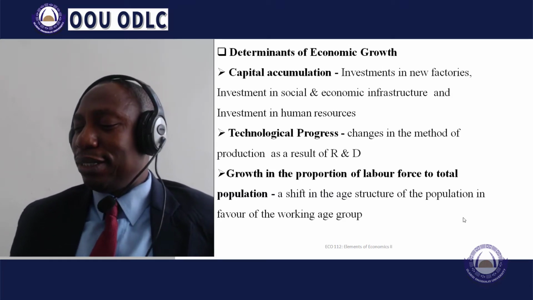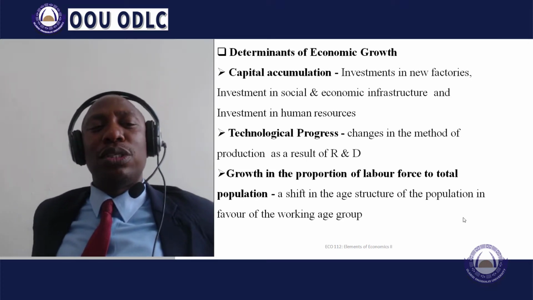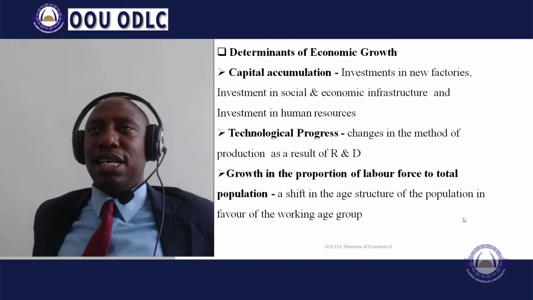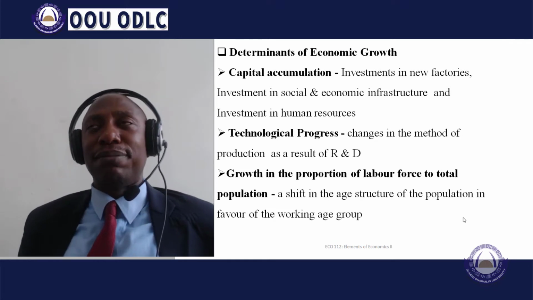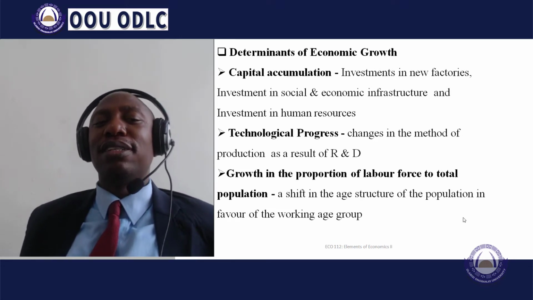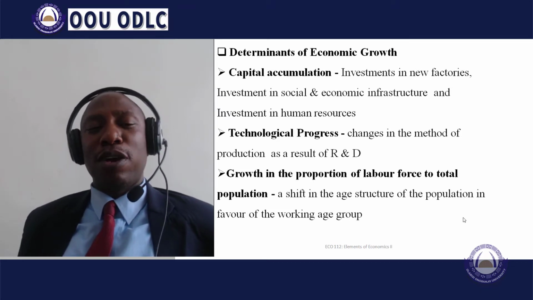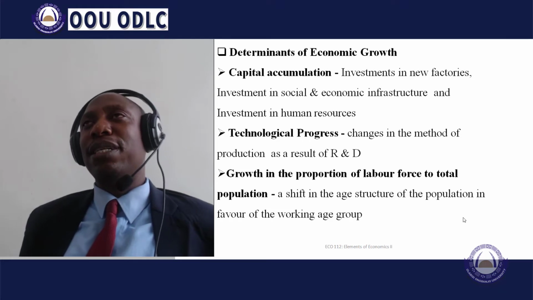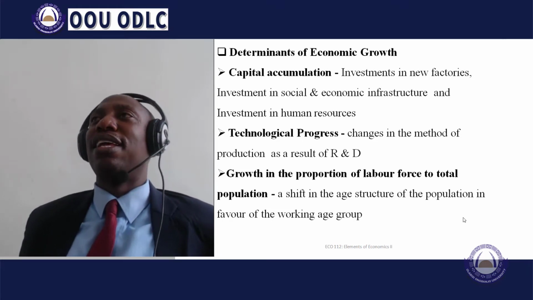What are the determinants of economic growth? The first determinant of economic growth is capital accumulation. That is investment in acquisition of additional stock of capital, establishment of new factories, new companies, establishment of social and economic overheads, investment in human resources, physical resources and capital resources.